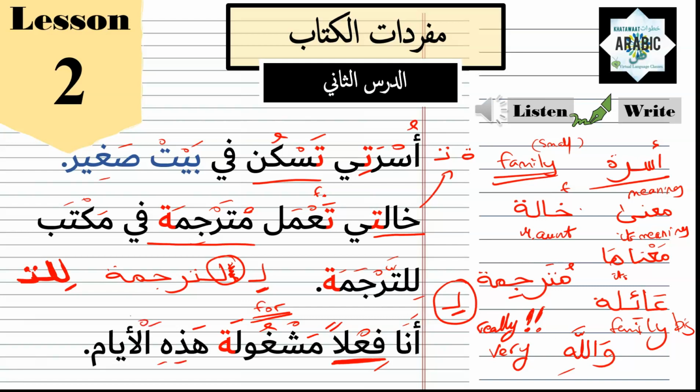هذه الأيام. As you can see, we have our first plural word, which is أيام, days. أيام for days. هذه, these, because it's feminine. أيام is feminine. We're using the feminine this.